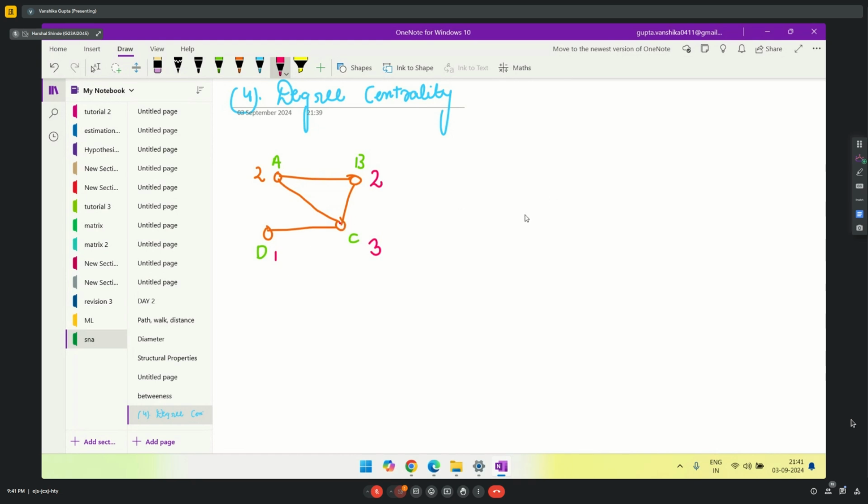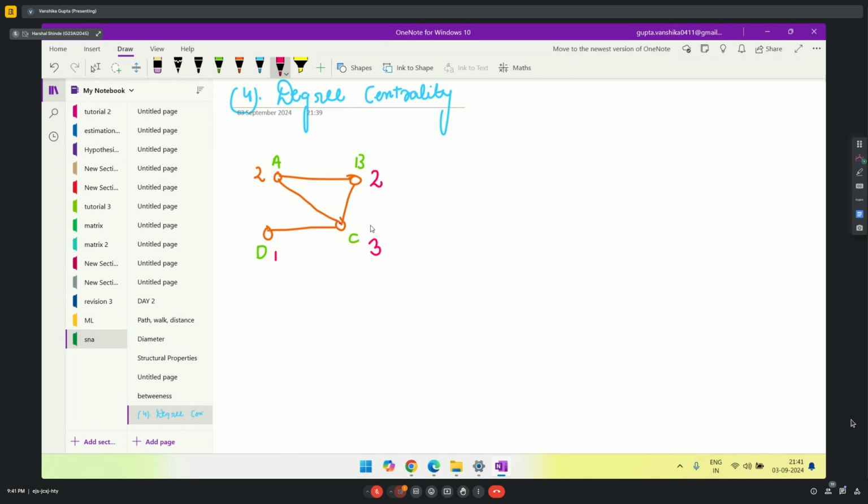Okay. Now, if I want to define my graph more properly, like here, if I am saying the degree of C is 3, whether C is dense or not dense, how can I find that out?